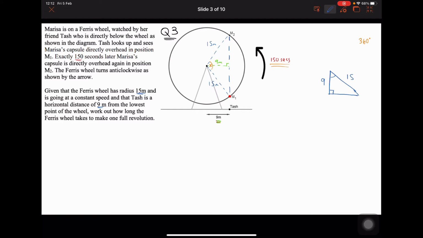Okay, so hypotenuse, opposite, adjacent. Actually, I'm going to work out this angle instead.